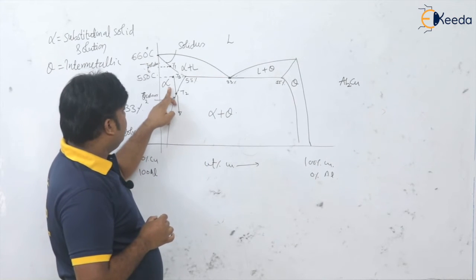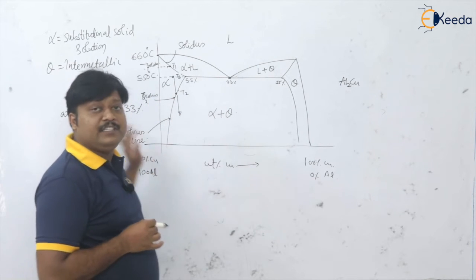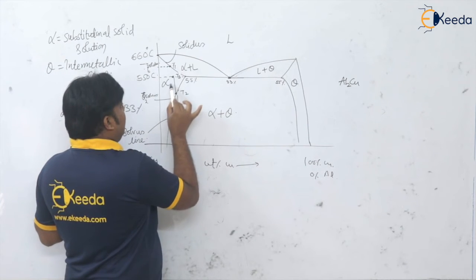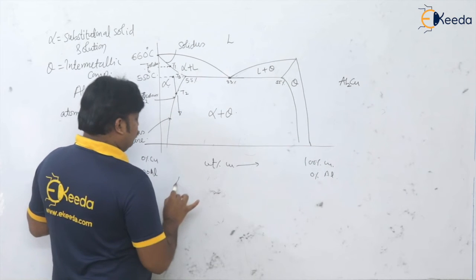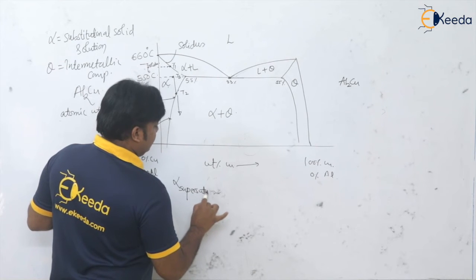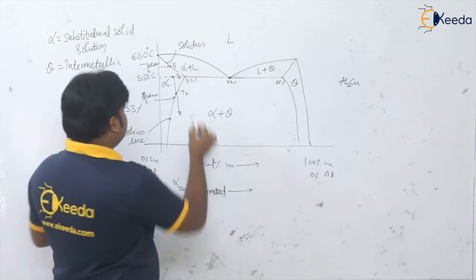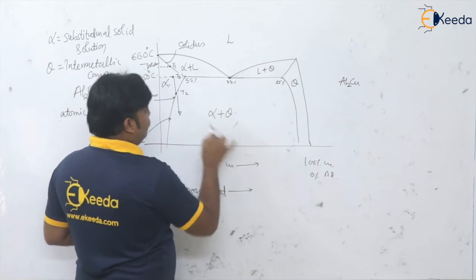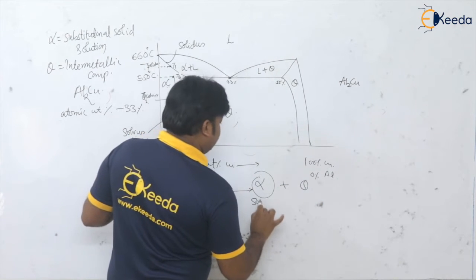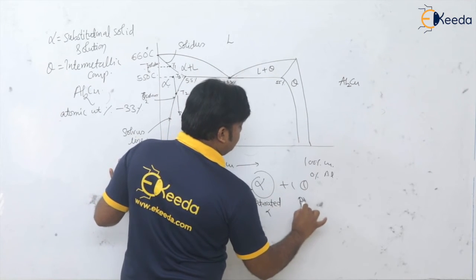Of course alpha is going to decompose into alpha plus theta, isn't it? So this alpha, which is known as the supersaturated alpha, when cooled below this solvus line, what are we going to get? This alpha plus theta, and this alpha is the saturated alpha, and the theta is actually our precipitate.